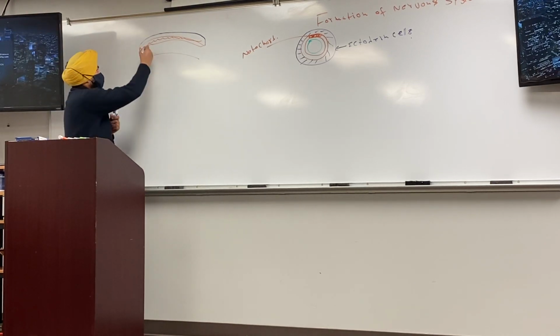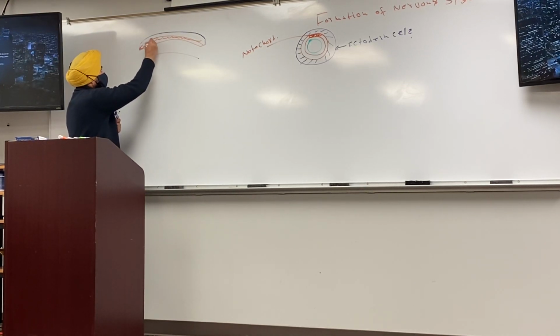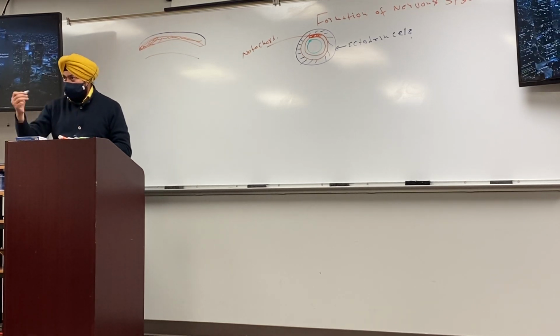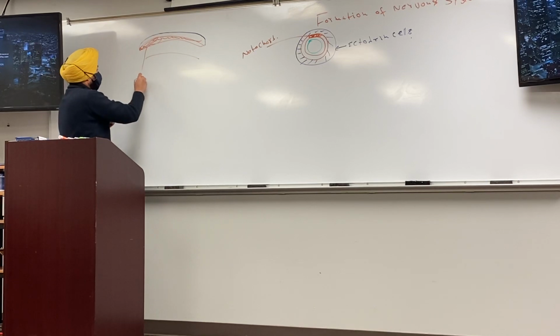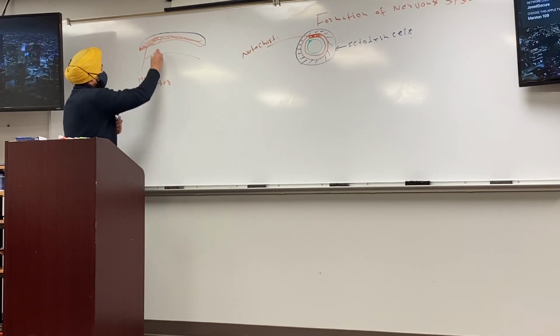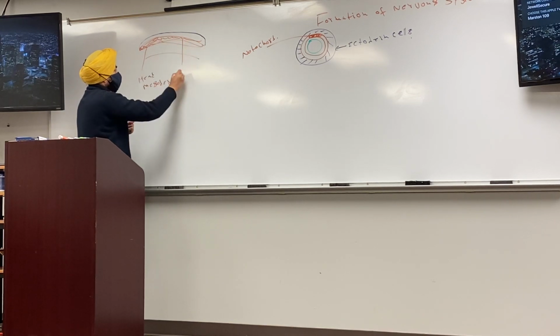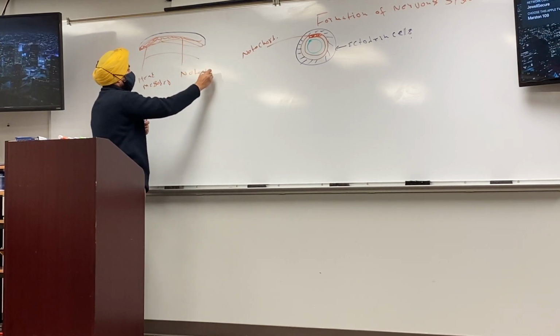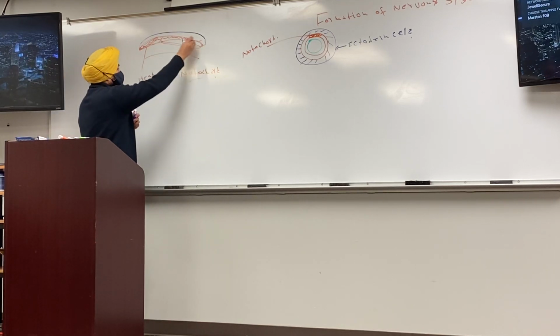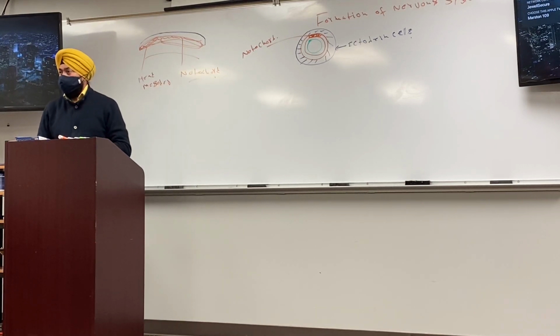So if you look here, so you should have here your prechordal plate, right? Which is your head mesoderm. And then right here should be your notochord, or chorda mesoderm. So this all will be your chorda mesoderm or notochord, right?